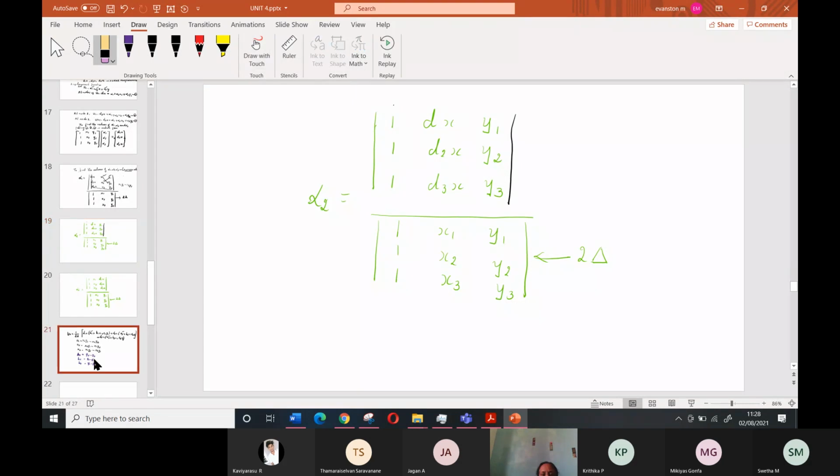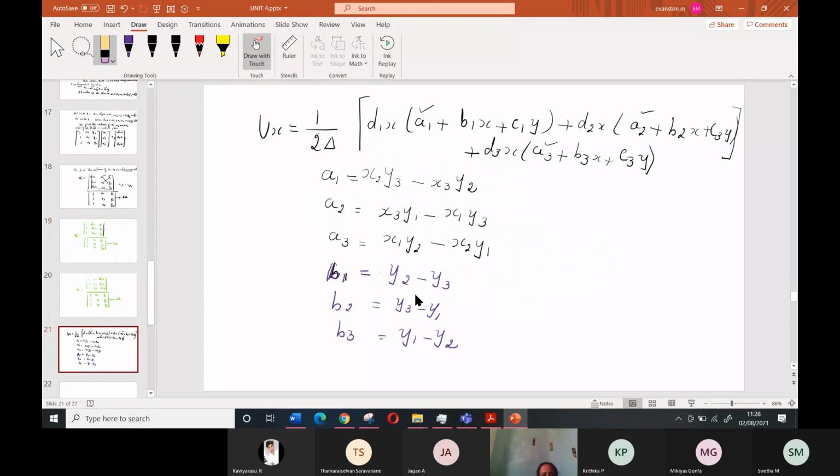So this is the correct answer. B1 is equal to y2 minus y3, B2 is y3 minus y1, and B3 is y1 minus y2. This is the correct answer. Now I can write for C1, C2, C3.